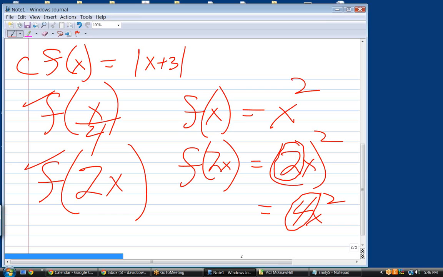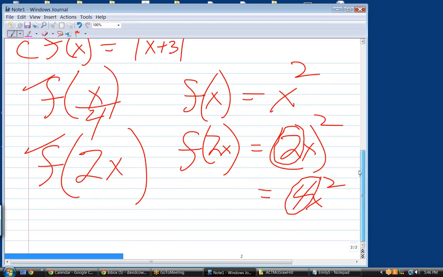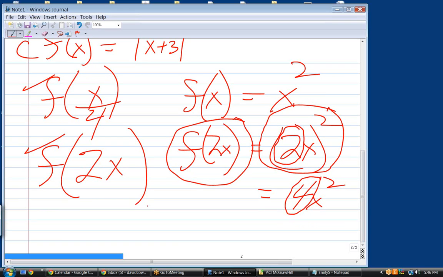And it could just be a terminology thing here. In other words, in point of fact, I know that f of 2x, which is the same as this, will shrink my curve. In other words, my parabola that I get from x squared, like that, when I do f of 2x, it will act as a horizontal shrink by a factor of 2, which is the same as a vertical stretch, notice.